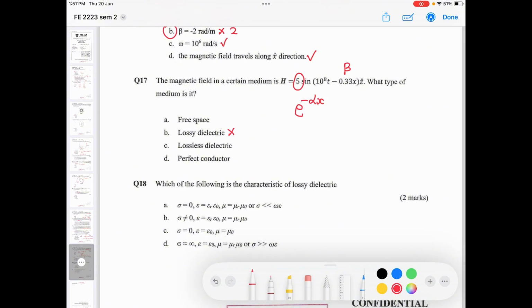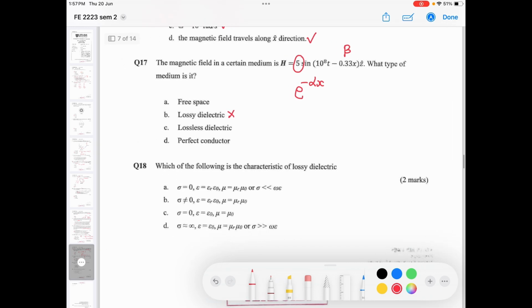So which one? Free space. Okay, how to know whether it is free space? For free space, the relationship between the velocity and the omega would be beta, right? Okay, we can calculate. If it is 3 times 10 power 8, then it is free space.